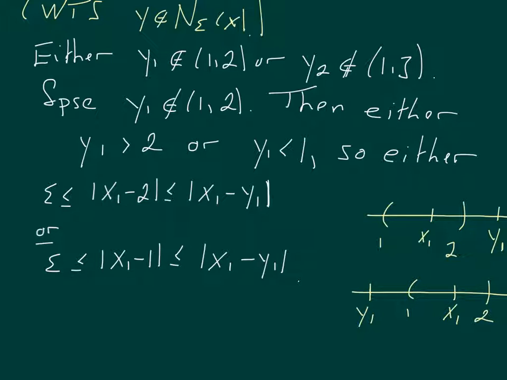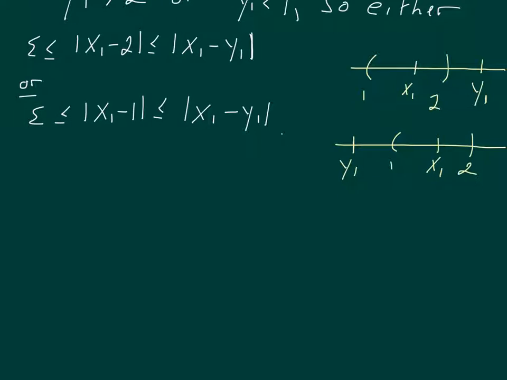We know that in the case that y1 is not in (1,2), either this distance is bigger than epsilon or this distance is bigger than epsilon, and therefore, in either case, we get that the distance from x1 to y1 is greater than or equal to epsilon.